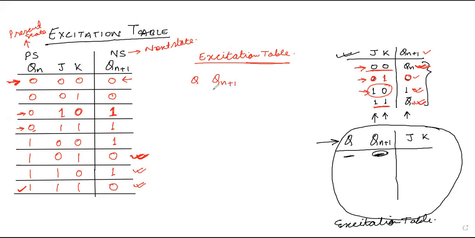So these should be the inputs and the outputs will be J and K. We want the J and K excitation inputs for these possible combinations of present and next state.